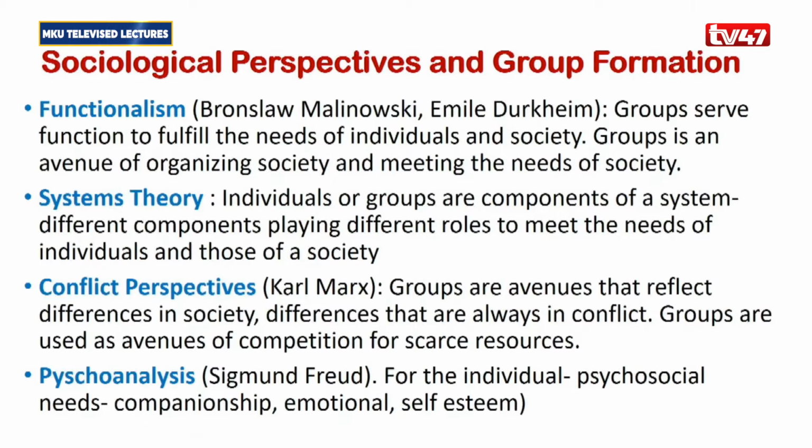So groups are an avenue of organizing society and meeting the needs of society. And those needs could be psychological needs, emotional needs, social needs, or even material needs. Then the systems theory, although it's called a theory, is much more of a perspective than a theory.